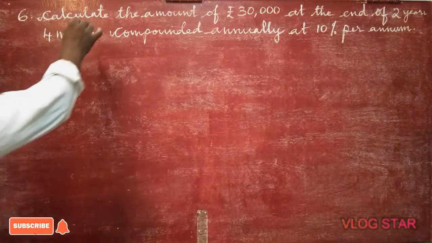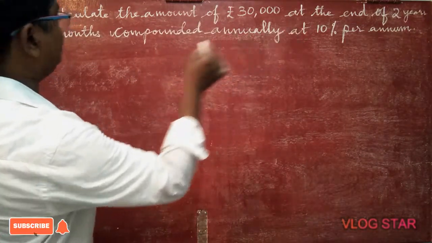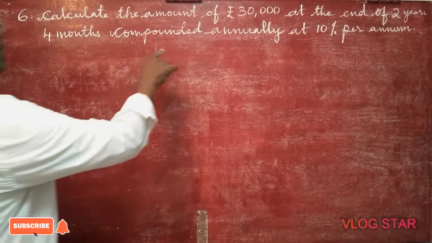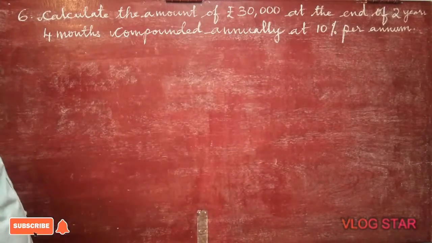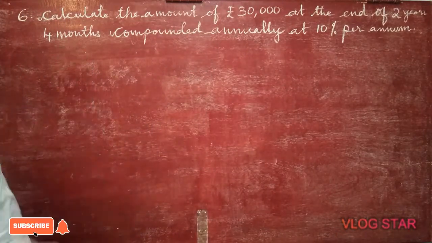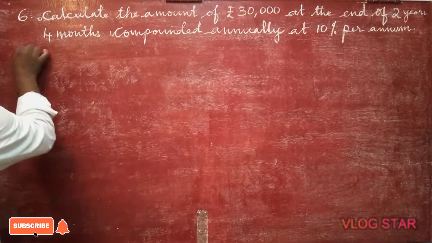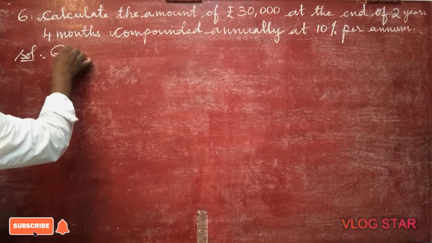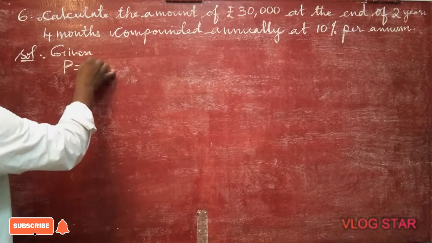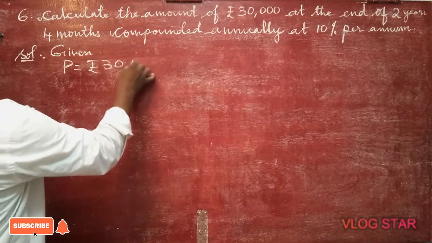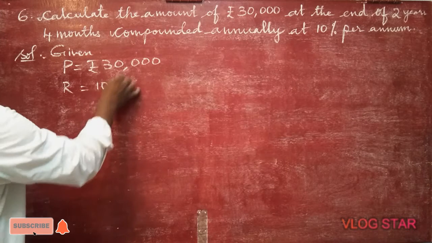Sixth problem. Calculate the amount of rupees 30,000 at the end of 2 years 4 months, compounded annually, at 10% per annum. 2 years okay, 4 months they have given. We have to change months into years. P is equal to rupees 30,000 and R is equal to 10%.